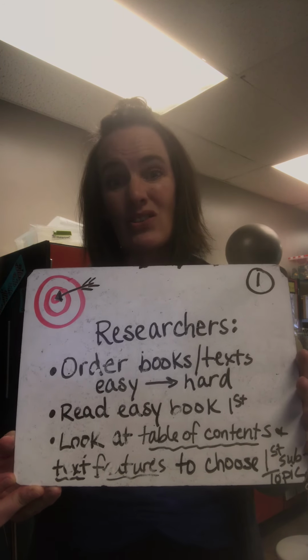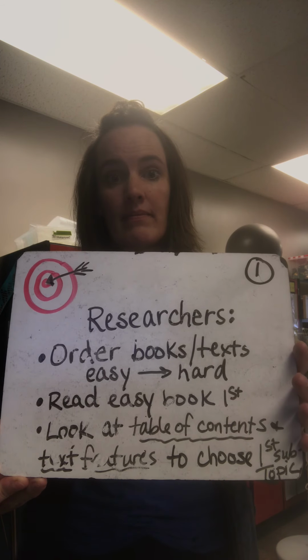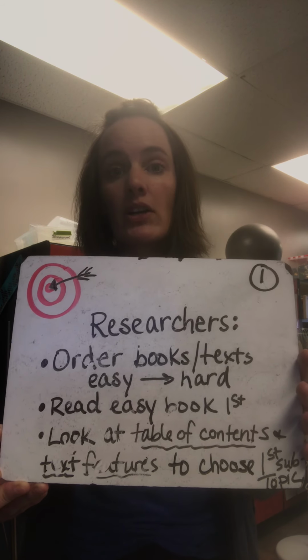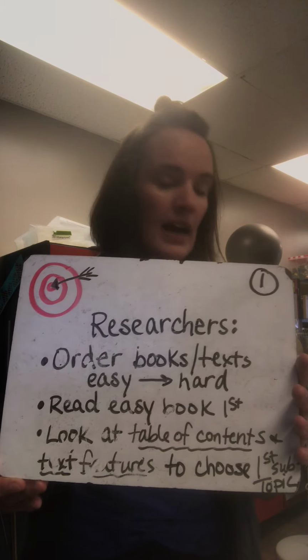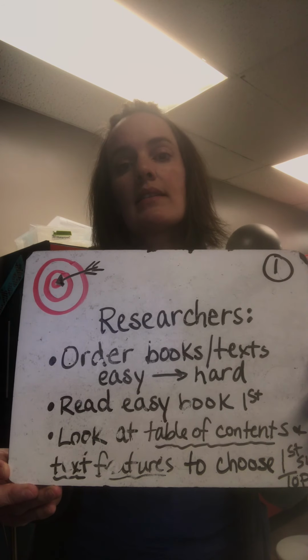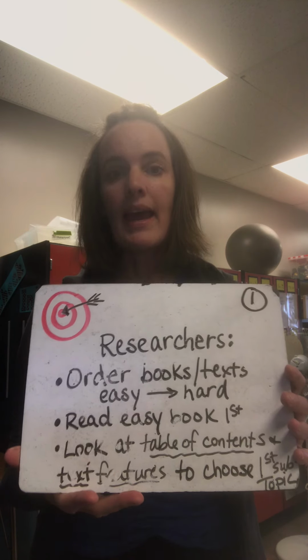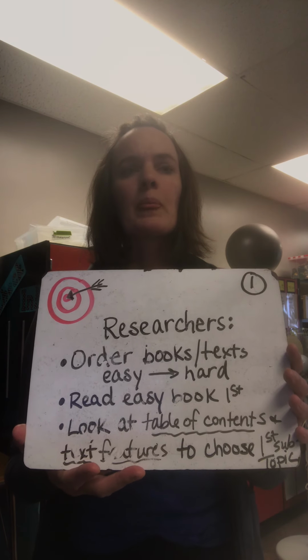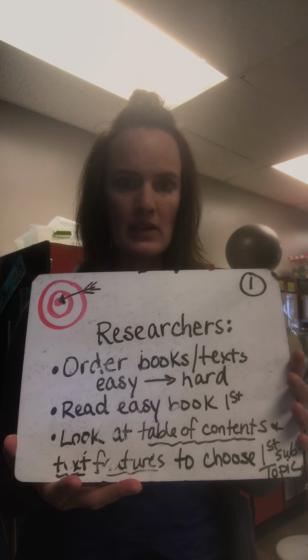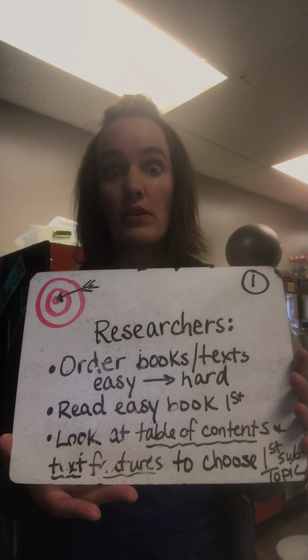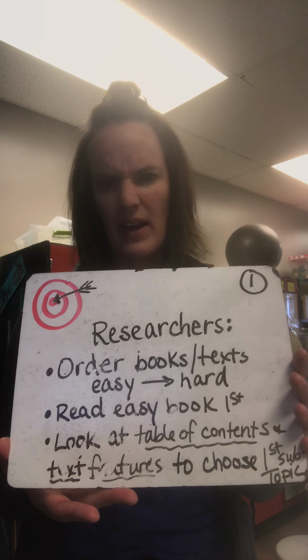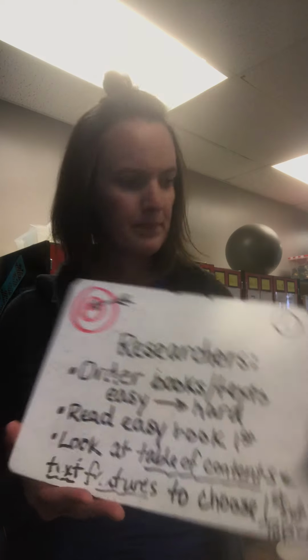The next thing researchers do is read it. Third, researchers look at the table of contents and the text features, like the text boxes, and they decide what subtopics they are seeing over and over in their books. Okay, let's try this together today.